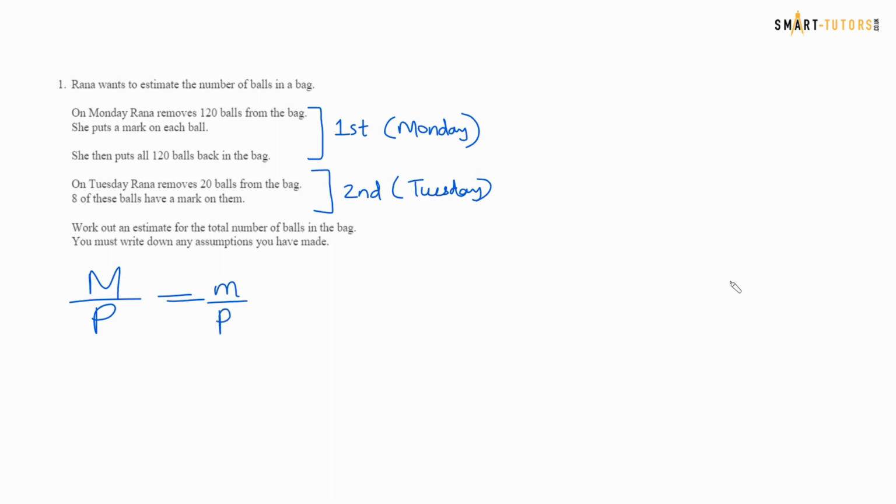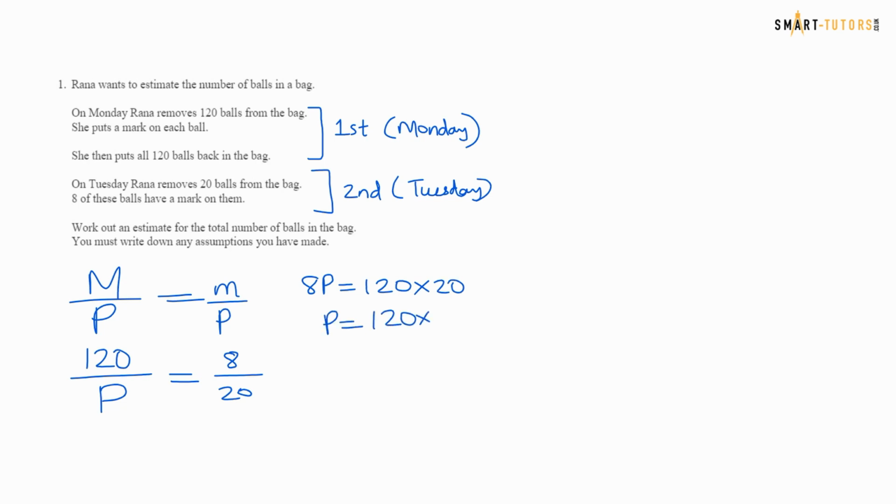So capital M is 120 over capital P, the amount we need to find out, equals small m over small p, which is 8 over 20. If I cross multiply, 8P equals 120 times 20, so P equals 120 times 20 over 8.